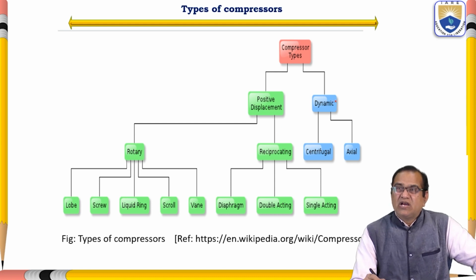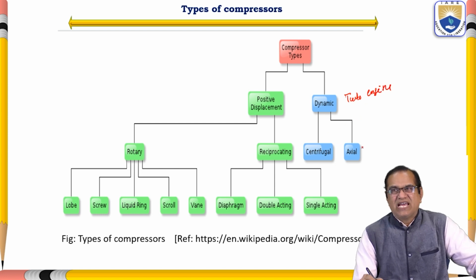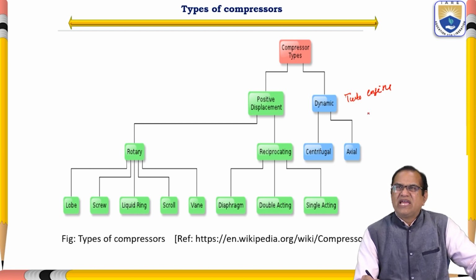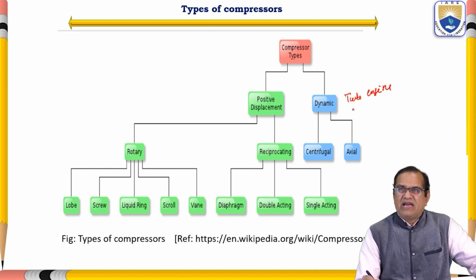The dynamic ones, which we normally use in turbo engines, are the centrifugal compressor and the axial flow compressor. Slowly I will go through them, giving a very brief idea of each one.